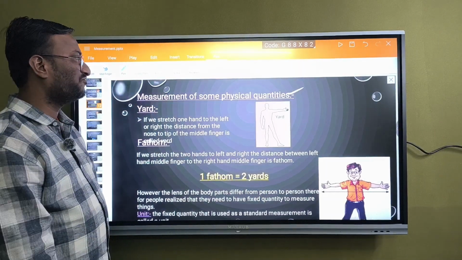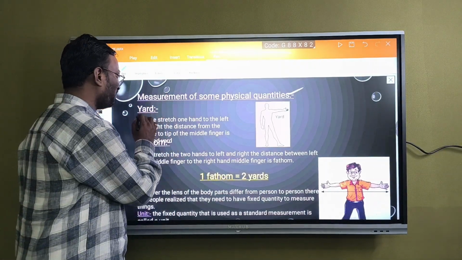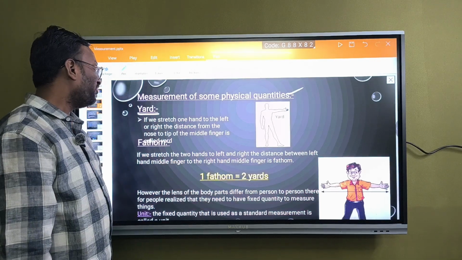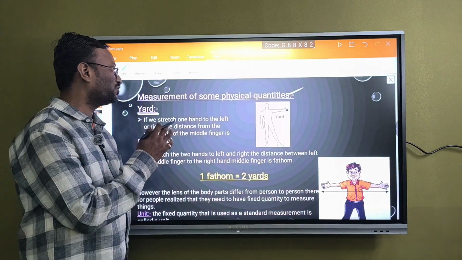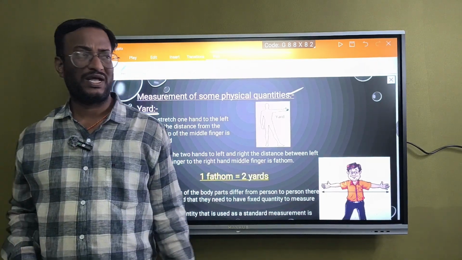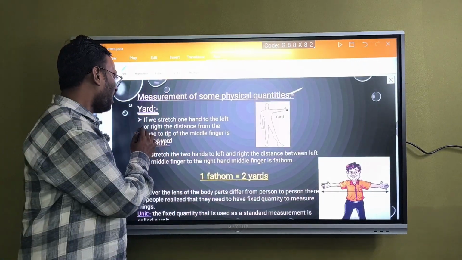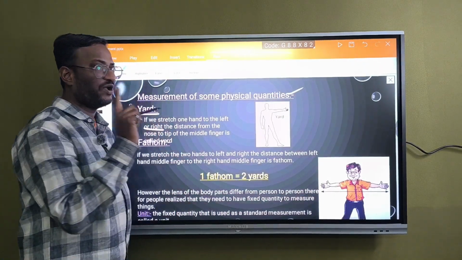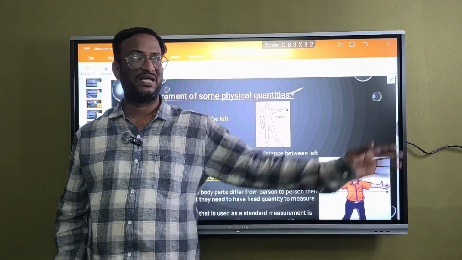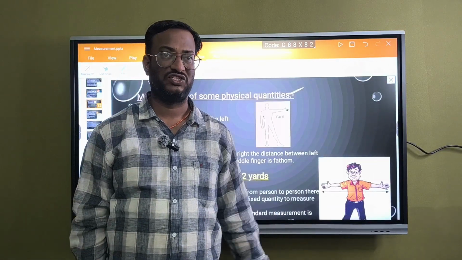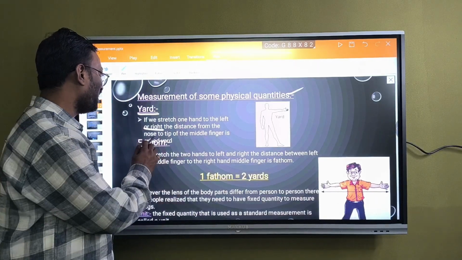We shall try to measure some physical quantities. In that, the first one is yard, Y-A-R-D, yard. If we stretch one hand to the left or right, we have to stretch only one hand, either the left hand or the right hand, any one hand.